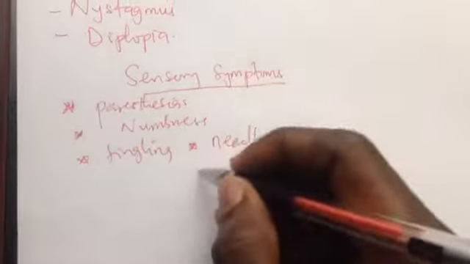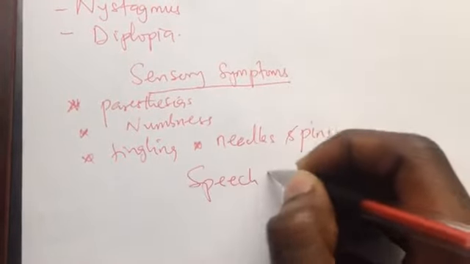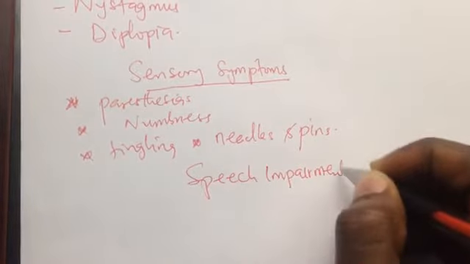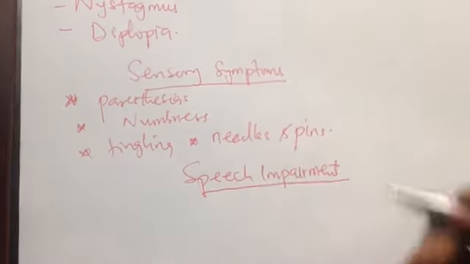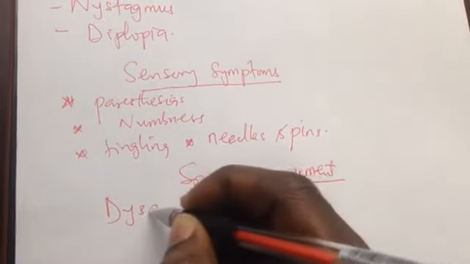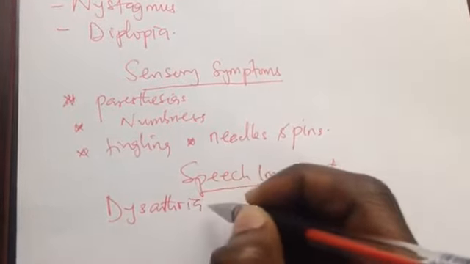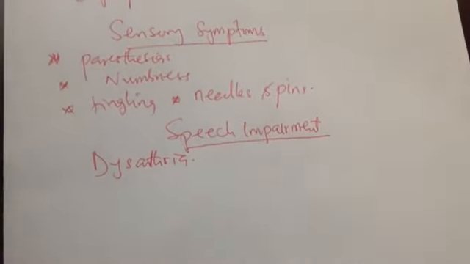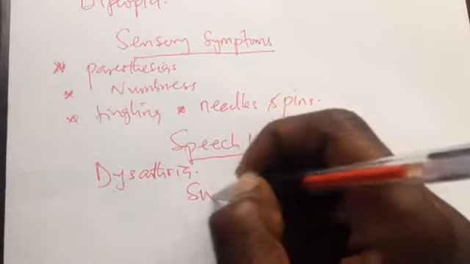So we have speech problem, speech impairment. In this speech impairment, the patient will manifest as having dysarthria, that is difficulty speaking. And then we have even swallowing problem, that is dysphagia.